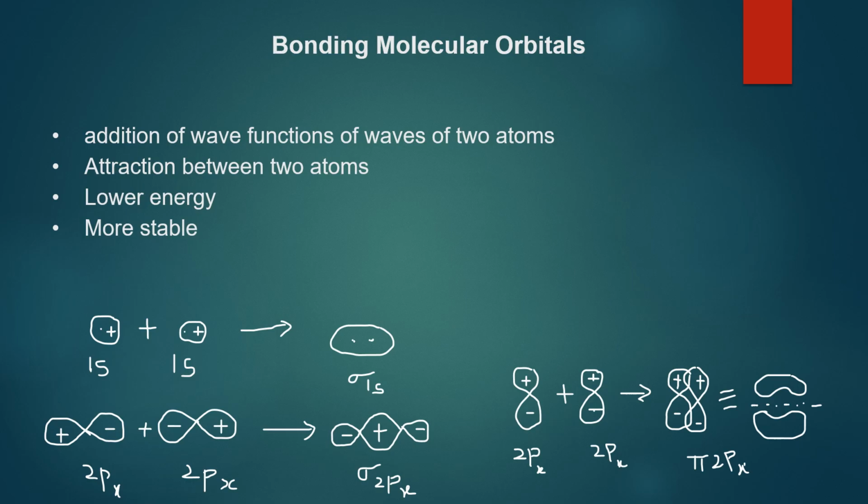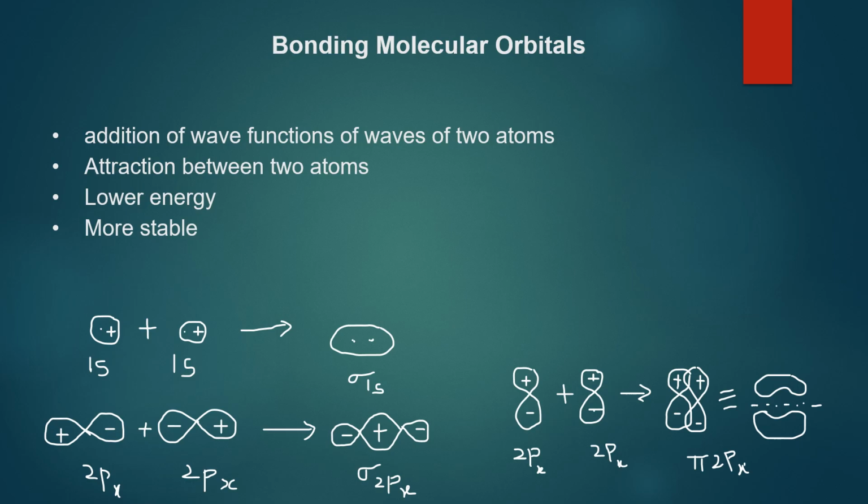As a result of this attraction, the bonding molecular orbital has lower energy and greater stability. We know that energy is inversely proportional to stability. When the energy is lower, stability becomes high. When the energy is greater, stability becomes less. Always the bonding molecular orbitals tend to occupy the lowest position, so they attain greater stability.